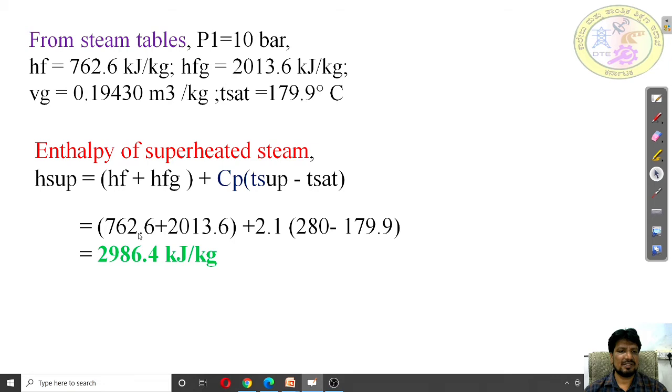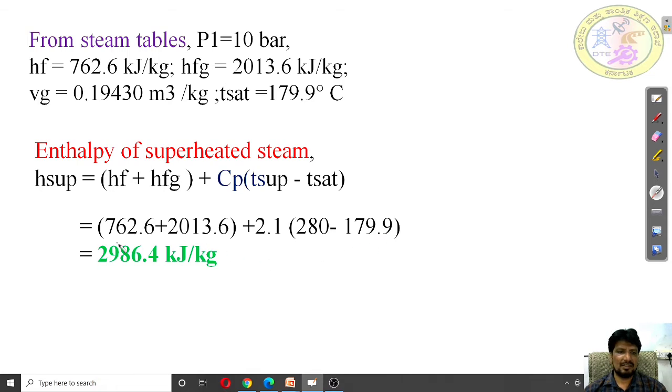HF is 762.6, and HFG is 2013.6, plus Cp, given in the problem as 2.1, into T of superheated, which is also given in the problem, 280 degrees centigrade, minus the saturated temperature from the steam table, which is 179.9.